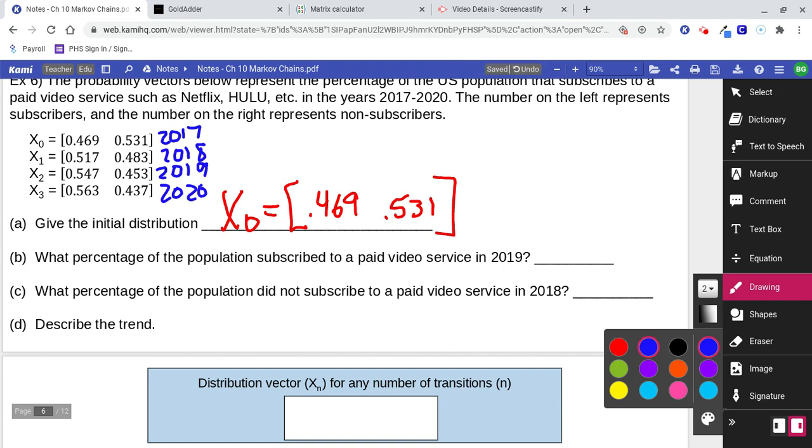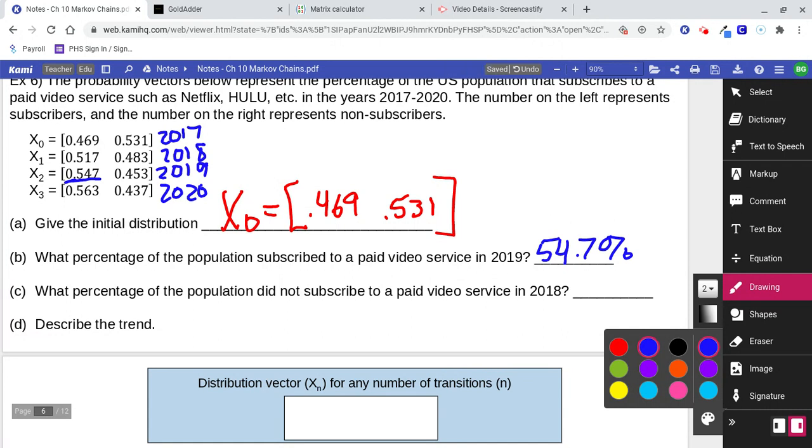So what percentage of the population subscribed to a paid video service in 2019? That would be this number right here. Okay, now, time out. That's the probability. They asked what percentage, so I'd probably answer this question as 54.7%. Okay, very similar number, 0.547, 54.7%.